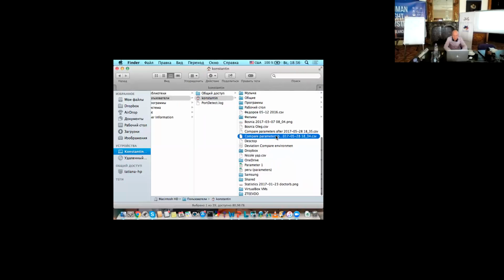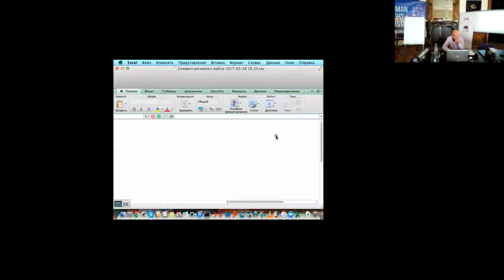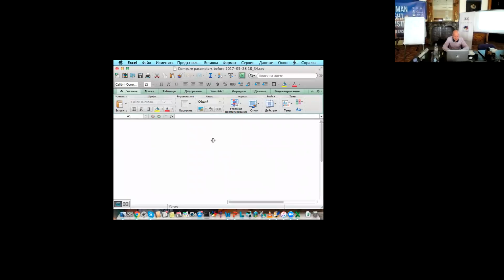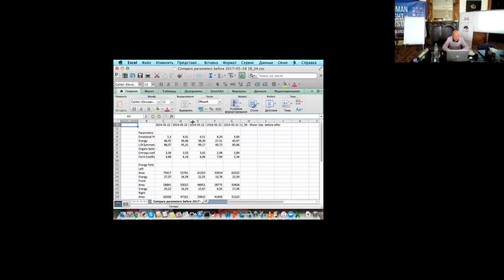Before and after. So first I open this before. You see all parameters before. You see it's written here. Then I need to open this after.